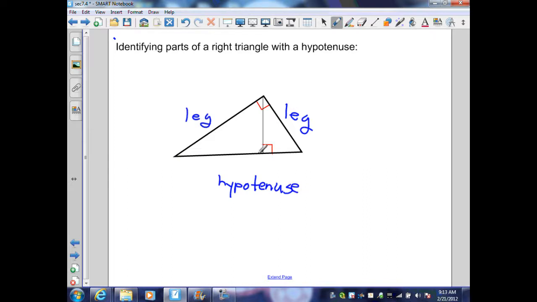I also know the entire segment is that hypotenuse. And I say that because we're going to break that hypotenuse into 2 segments. Those segments are broken up by the altitude. Therefore, these are the segments of the hypotenuse. And this is a segment of the hypotenuse.